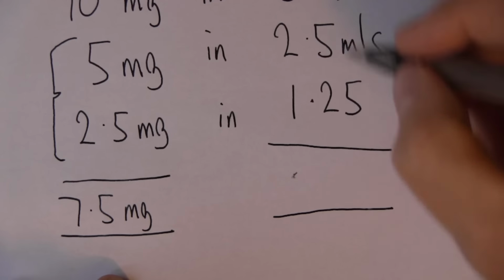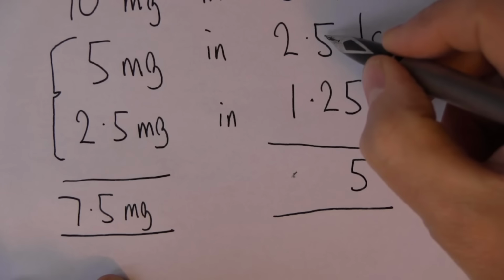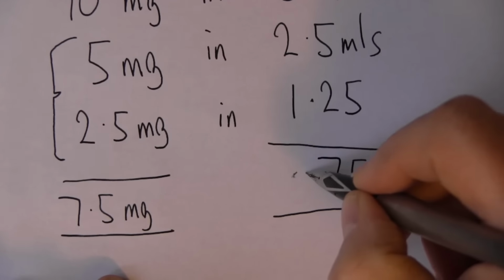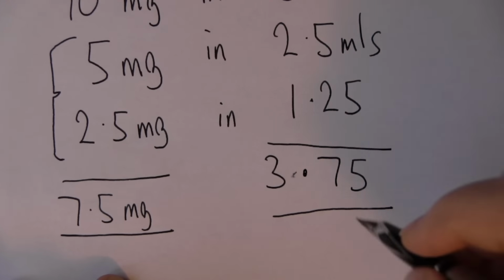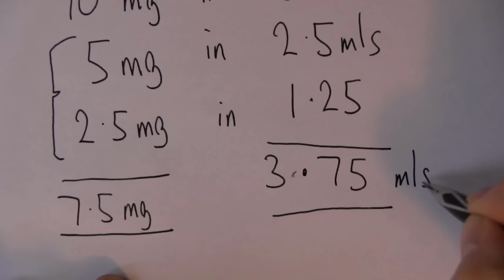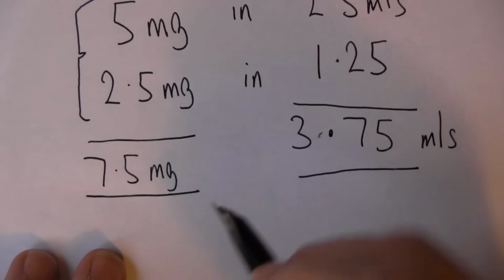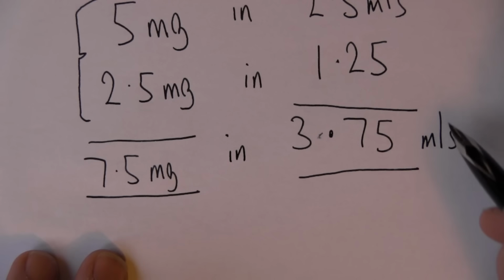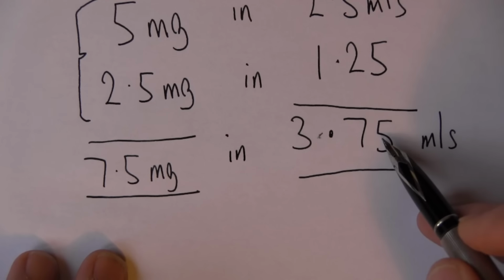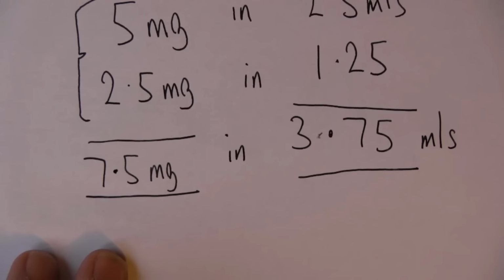So if we add together 2.5 and 1.25, that's 5, 5, 6, 7, and that's 3. So can you see it's 3.75 mils is going to contain 7.5 milligrams of morphine.